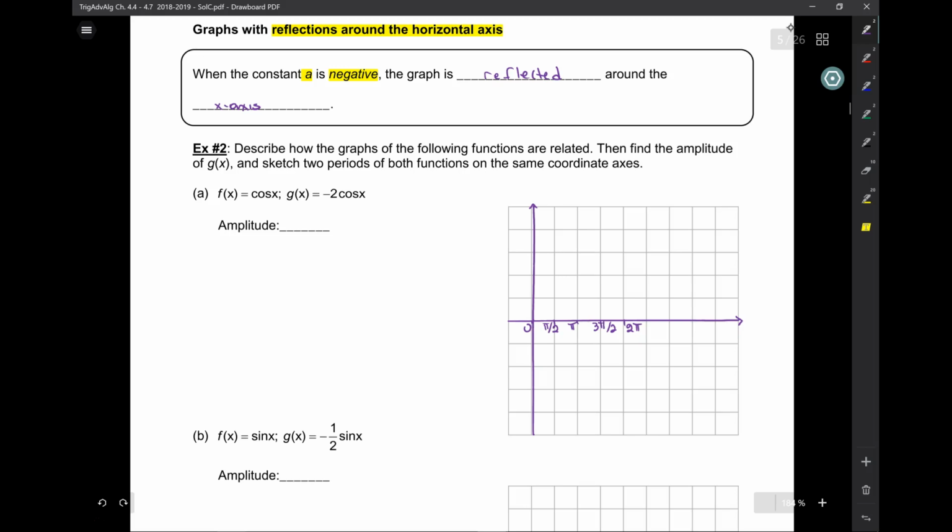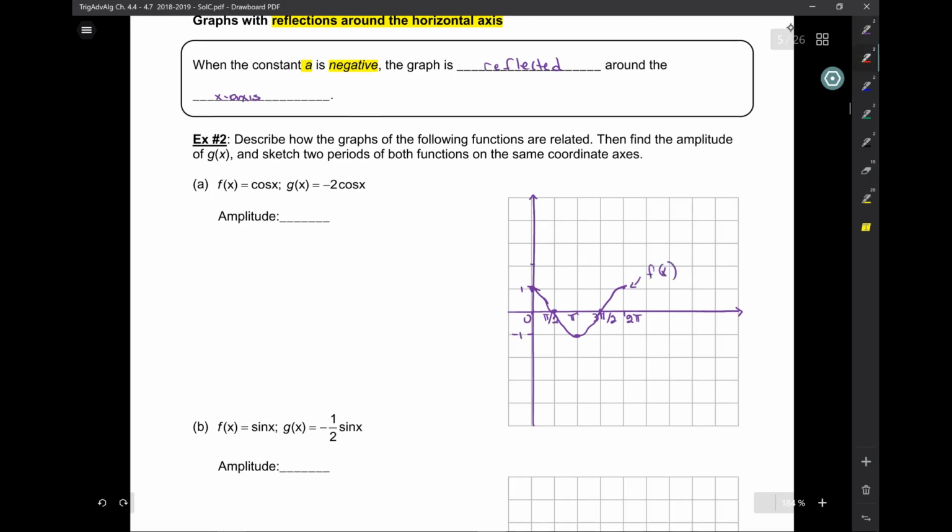Okay, where does cosine start? 1. Then 0. Minus 1. 0. Positive 1. Oh, one thing. You see how the cosine looks, right? Your cosine graph should not look like a V, right? There should be a curve here and at the bottom, okay? All right. So this is f of x.